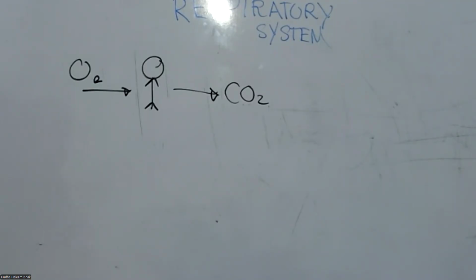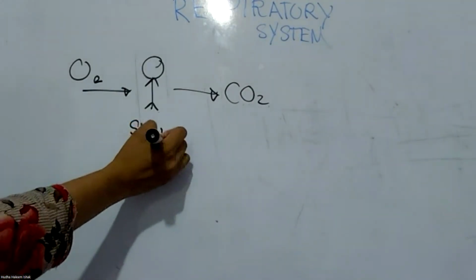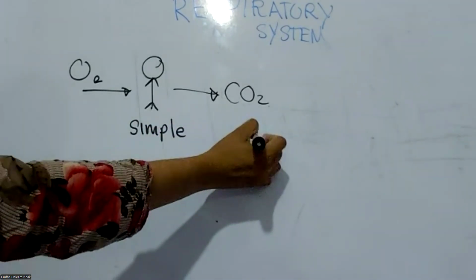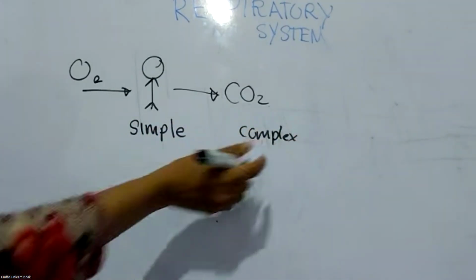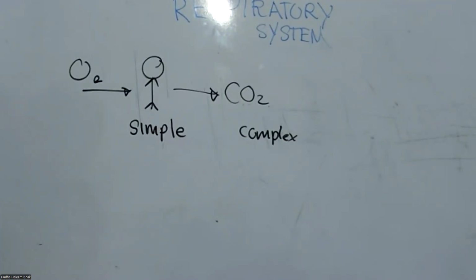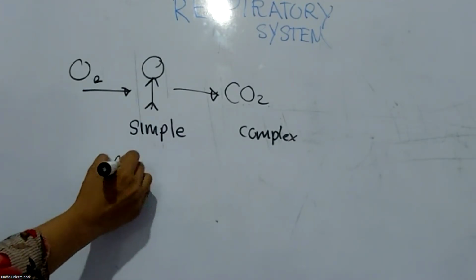So in the environment we have different types of animals. Some animals can be simple animals and some animals can be complex animals. For simple animals, we can take microorganisms. And in unit 3, you would have studied about cnidarians.